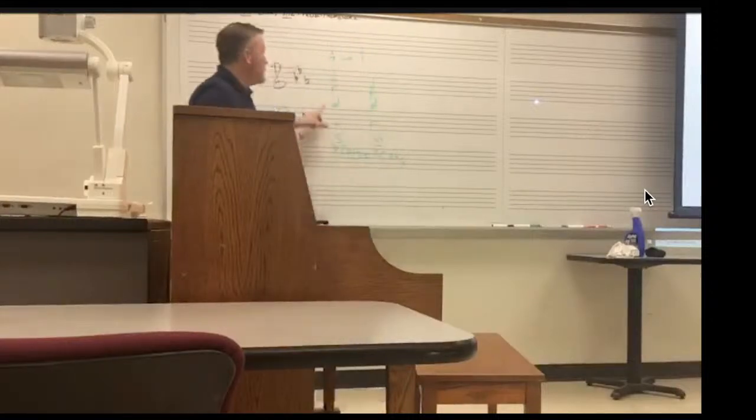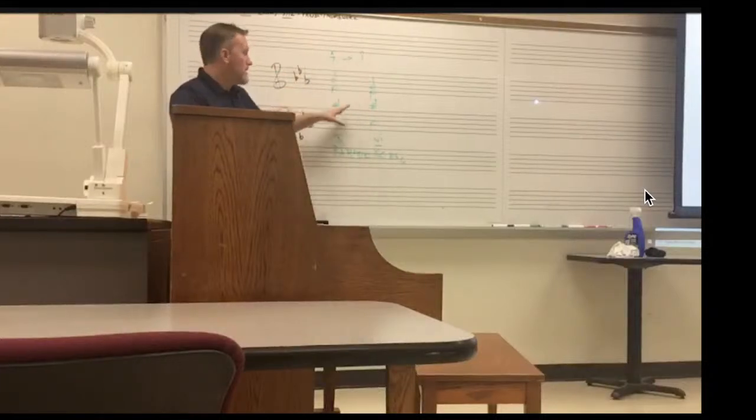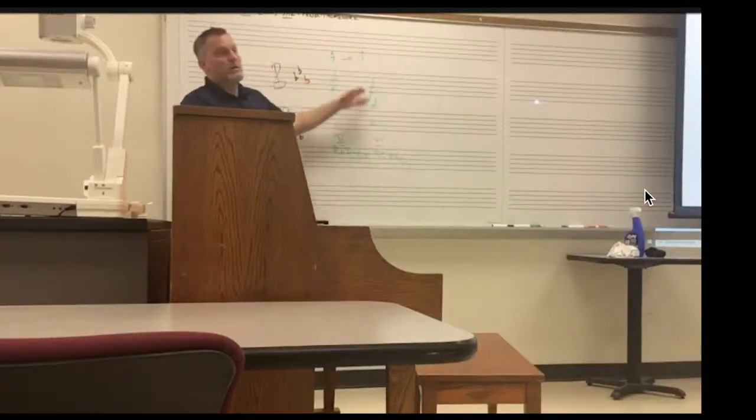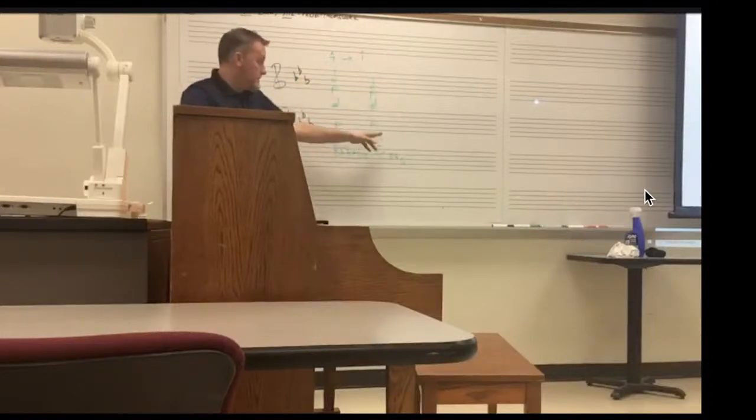I wanted to keep that tendency tone where it's at and doing what it should do. And now I've doubled my 3rd. This is the one exception where you can double the 3rd instead of doubling the root, when it's a 6th chord coming after a 5 chord in this deceptive progression.